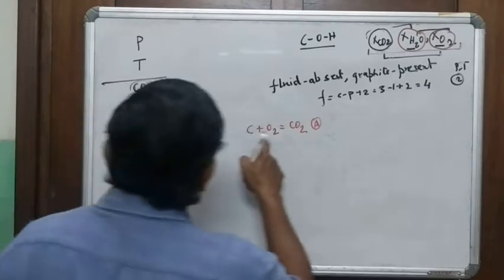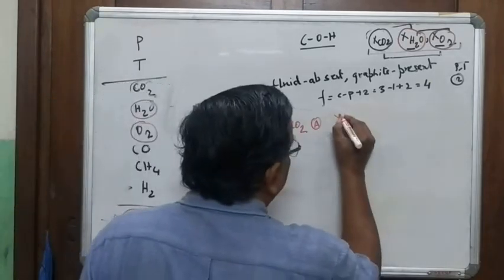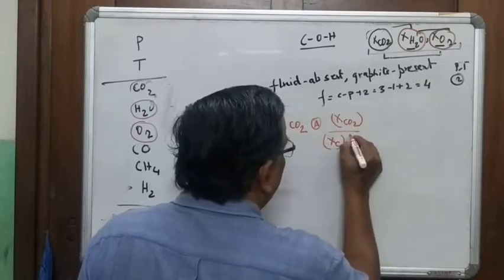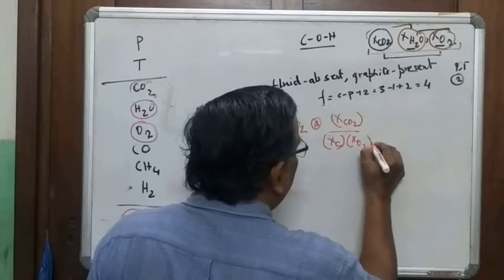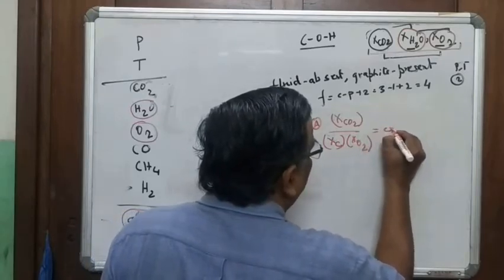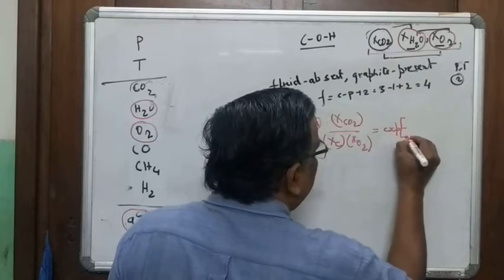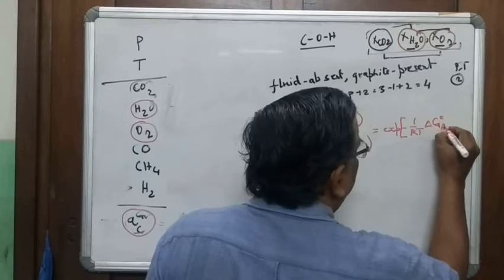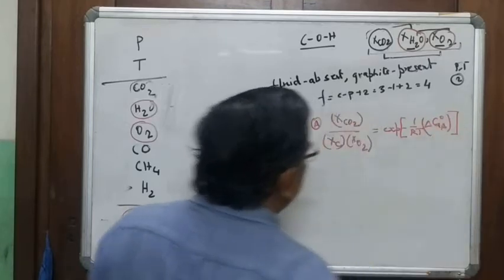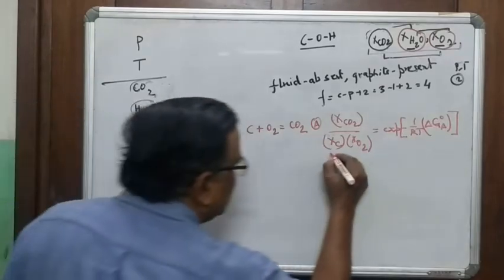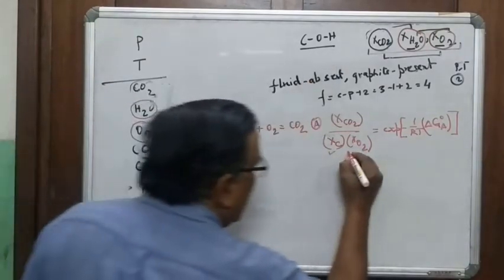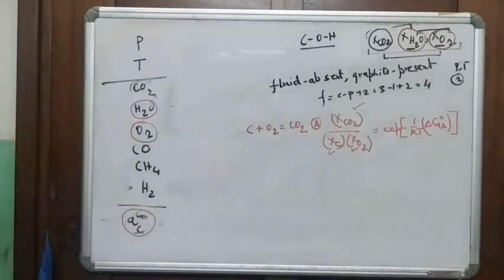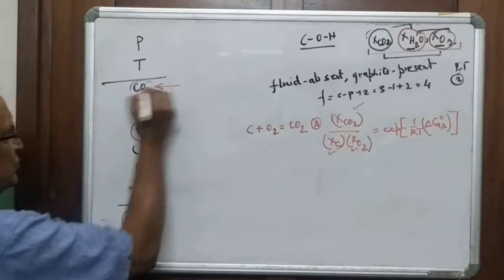So from this one now, from this one we can write XCO2 divided by XC into XO2 is equal to exponential minus 1 by RT into delta G0A, and this I think you can find out because you know X graphite, you know XO2, and so you can get the value of XCO2.